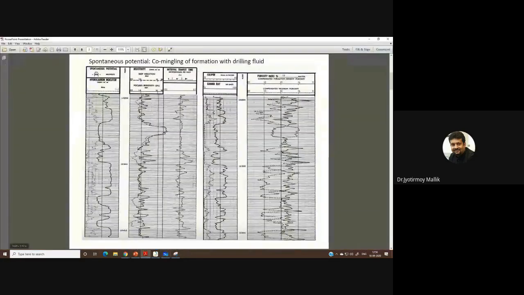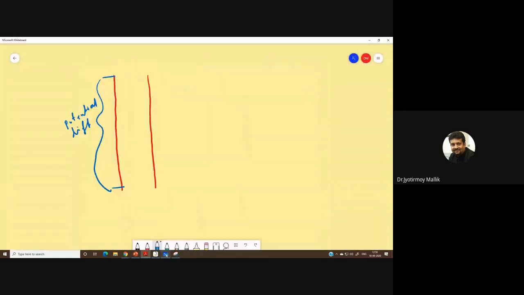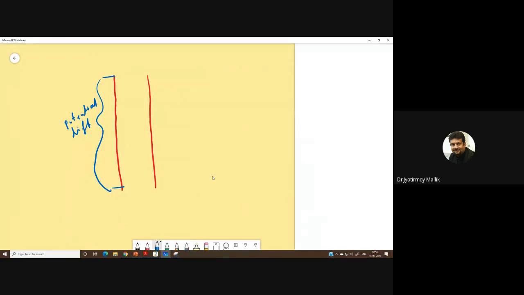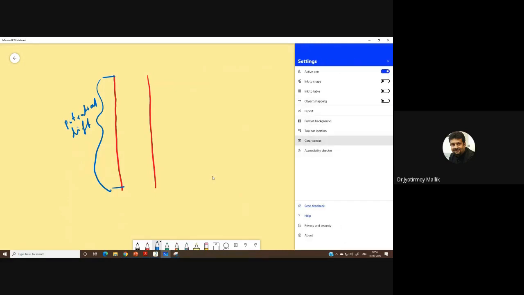Now, the next curve we are going to talk about is resistivity. So if I ask you, say I have two sandstone units, sandstone unit A and sandstone unit B. Remember, both are sandstones.